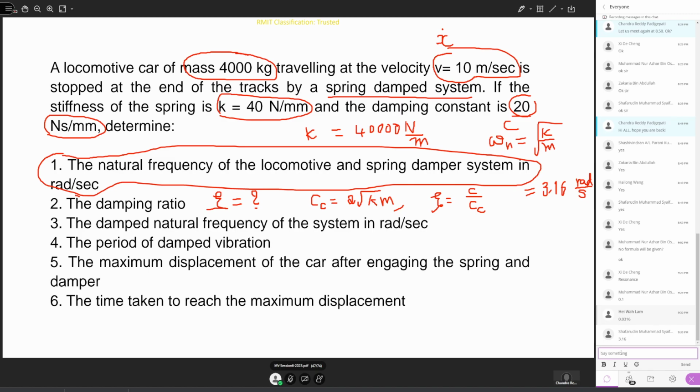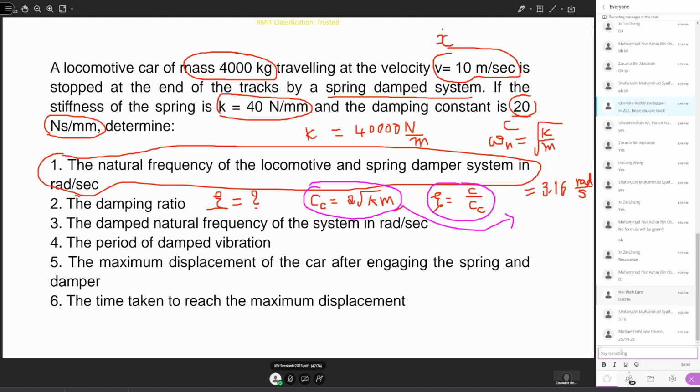So guys, tell me what is the critical damping constant first, followed by the damping ratio. 25298 is correct. During the exams, you need to give the unit also. You need to say Newton second per meter.